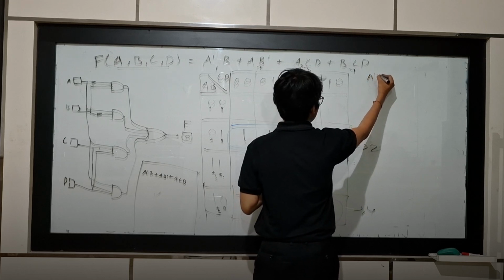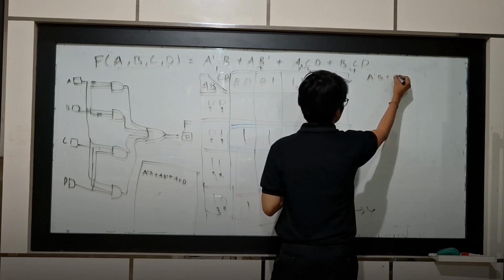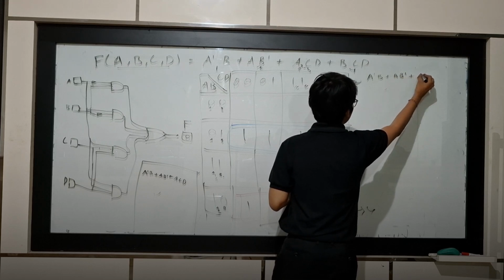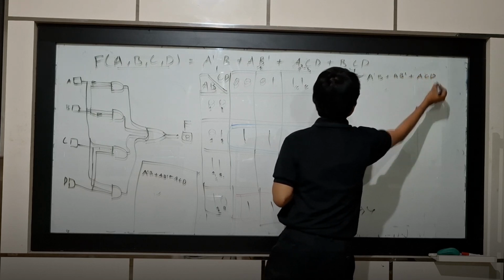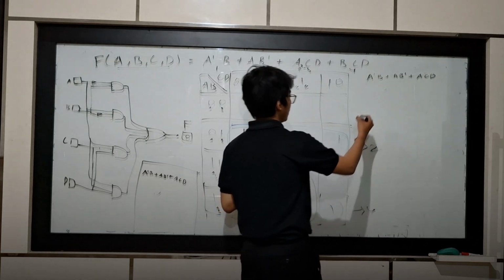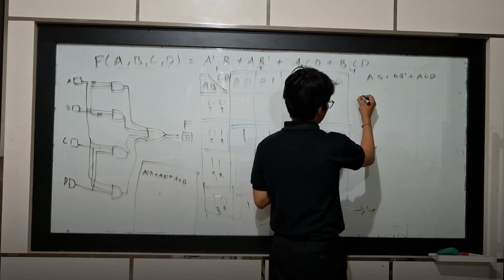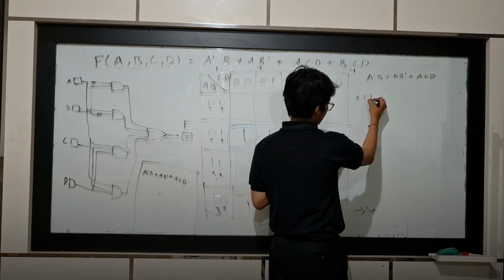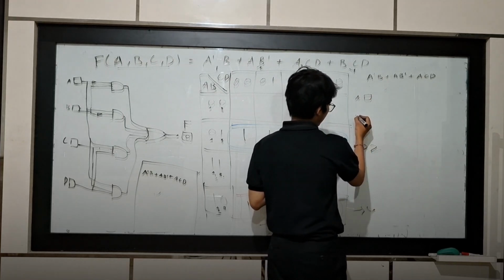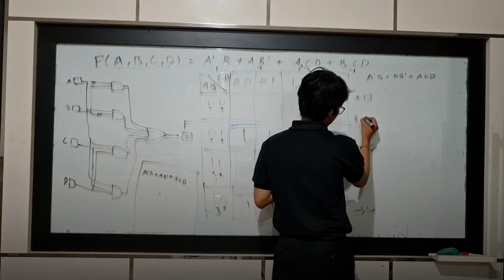The simplification is A inverse B plus A B inverse plus A C D, and then I'm going to make the circuit. So the circuit is, at first we're going to make the variables, or the inputs, first.